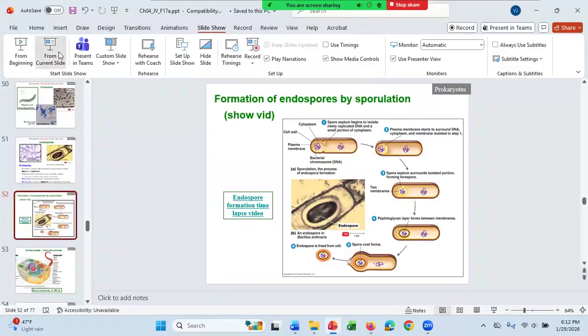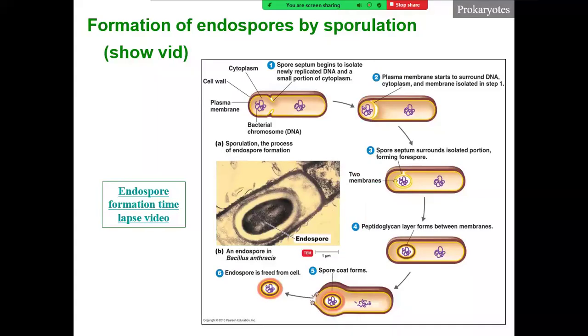Let's walk through endospore formation. When an endospore forms in the cell, it's because the cell is finding a deteriorating environment, and the cell will know that the parent cell will eventually die in this deteriorating environment. So the parent cell begins to make an endospore. What the cell will do is first replicate its DNA, sending one copy to one side of the cell, the other copy to the other side of the cell.